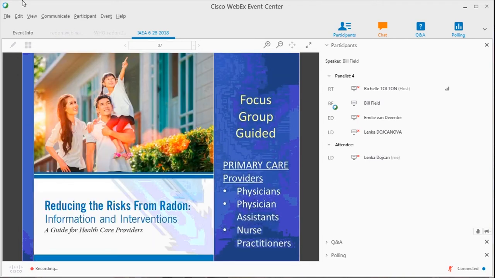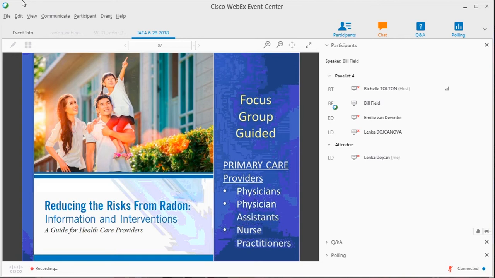So what I want to talk a bit about today is really the new guide that's out there. There's a link to the guide if you haven't seen the guide already. And what really provided input for developing the guide was numerous focus groups of not just physicians, but physician assistants, nurse practitioners, nurses, and the people that you would see when you go to a clinic that have the primary interaction with you when you first arrive.